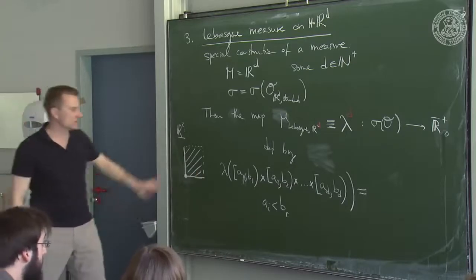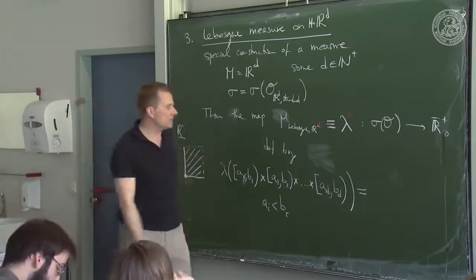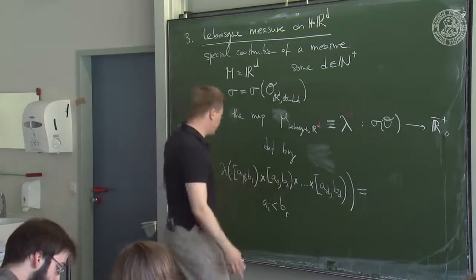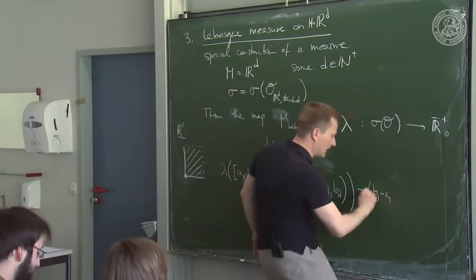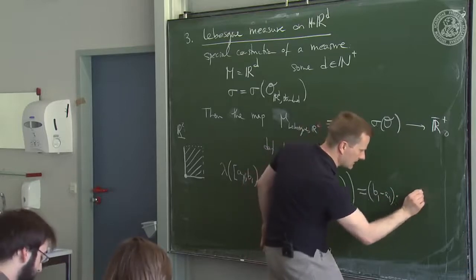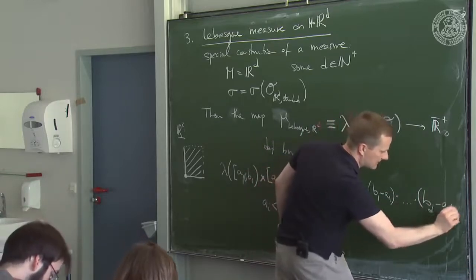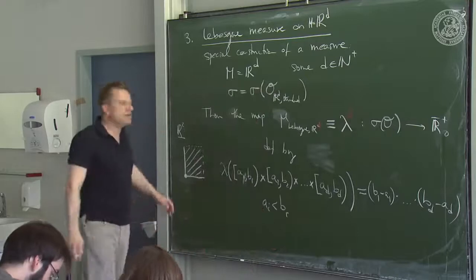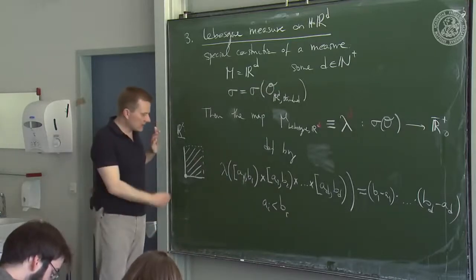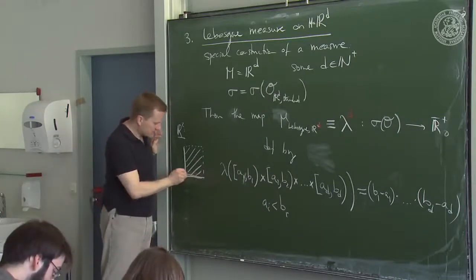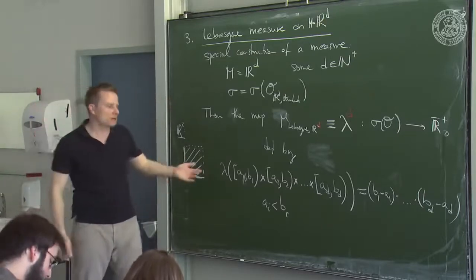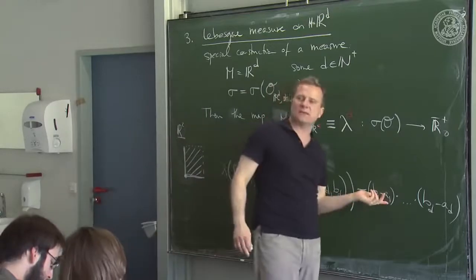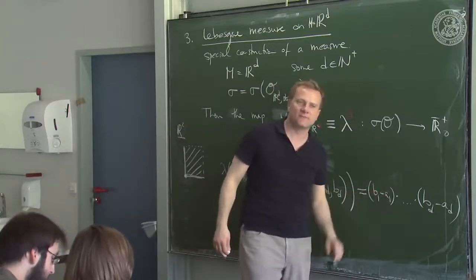Okay, so it's sets like this, defined by, if already you fix it here, and this is now just B1 minus A1 times dot dot dot times BD minus AD. So you take the naive kindergarten volume of just saying this distance times this distance and so on, where by distance you mean the real number that's the difference between the two endpoints.